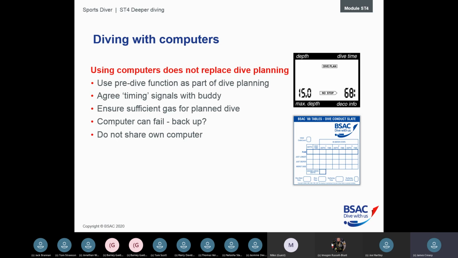So your second dive automatically starts as it would on a table C, for example, because you're on tissue code C. Whereas if you're sharing that computer around, you might be on tissue code C, but you've got a computer from someone else who came up and is now on tissue code A. The computer that you're now using thinks you're tissue code A when you're not, so you might end up getting the bends and not doing the deco stops that you need to do. So it's important that you keep your own computer on you for the day.